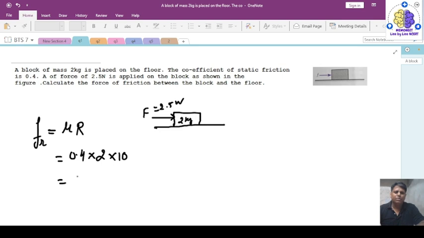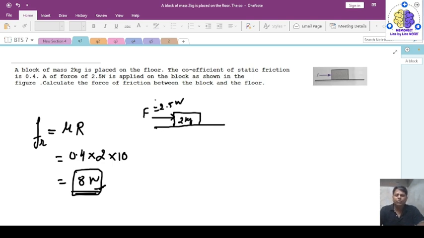So it becomes 0.4 times 2 times 10, which is 8 Newton, right? If we take it as 9.8, it becomes 7.8. So the limiting friction force is 8 Newton. It means we need at least 8 Newton of force to move this block forward.